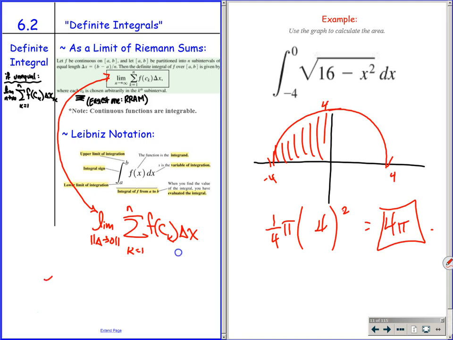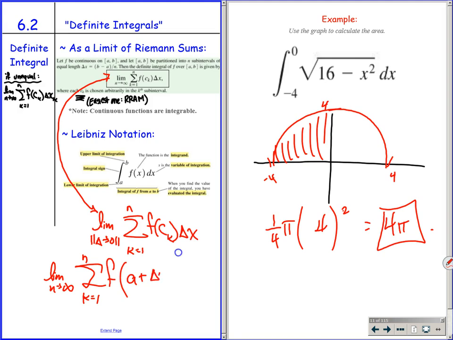Let me use the more traditional limit definition. We would see a if they were actually showing us that partitioning.